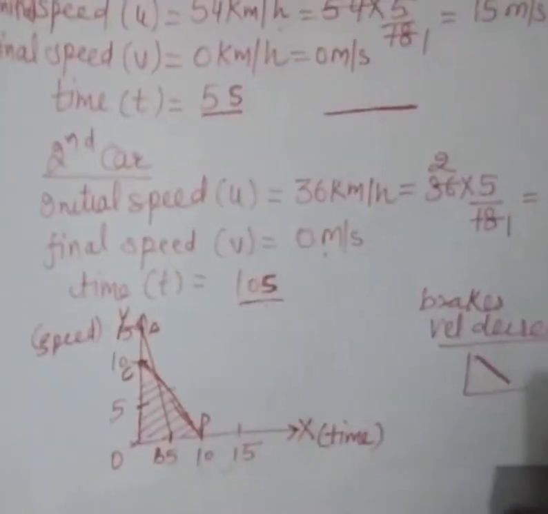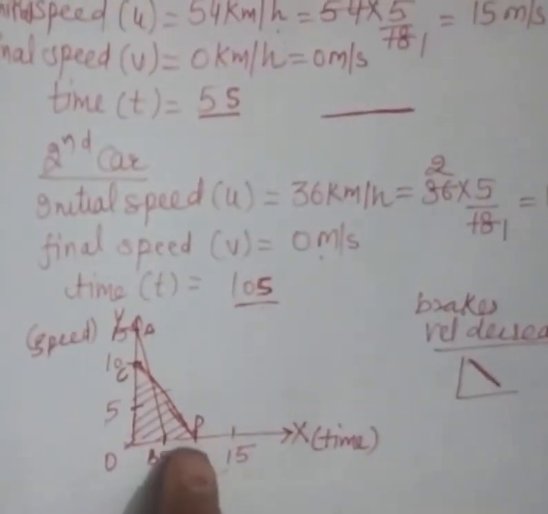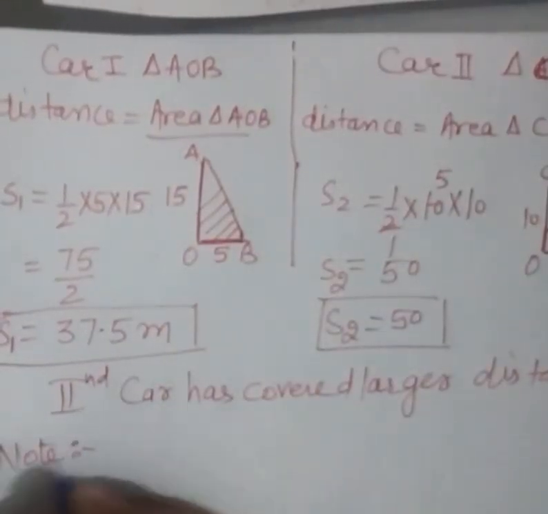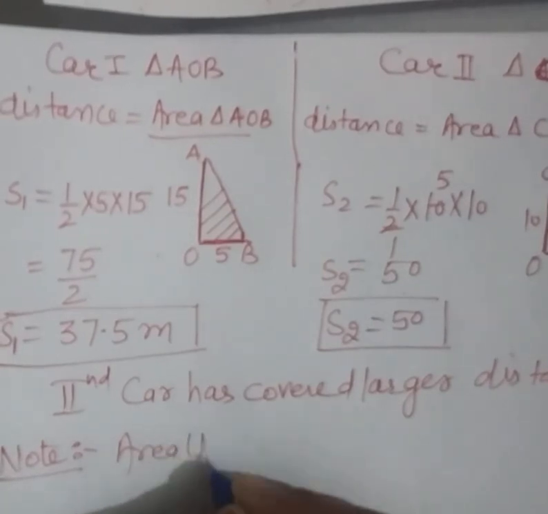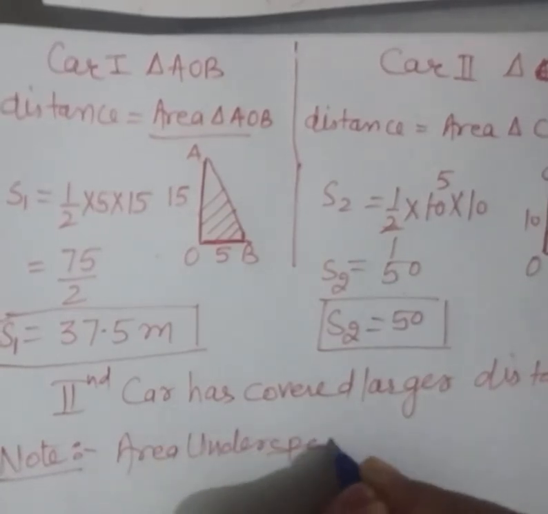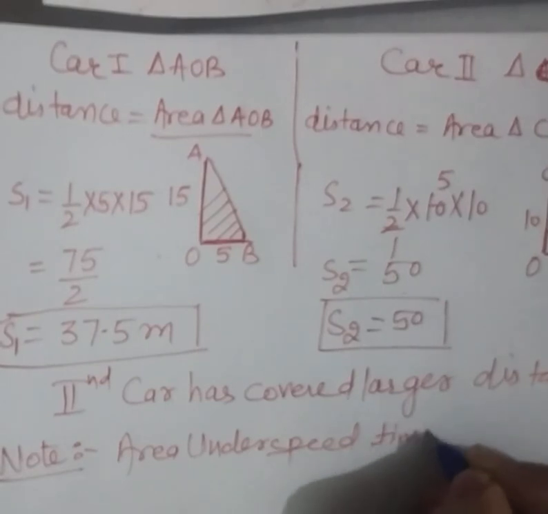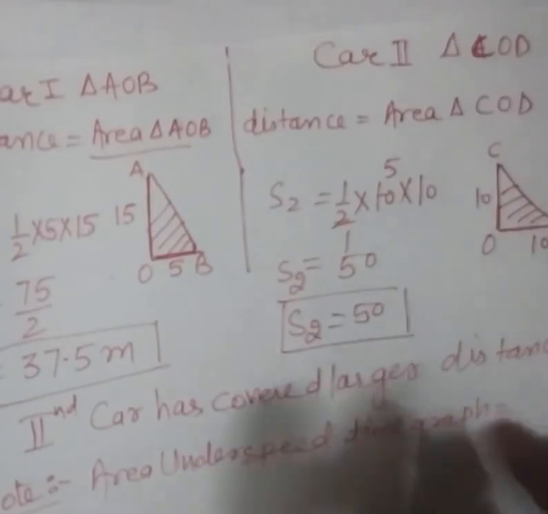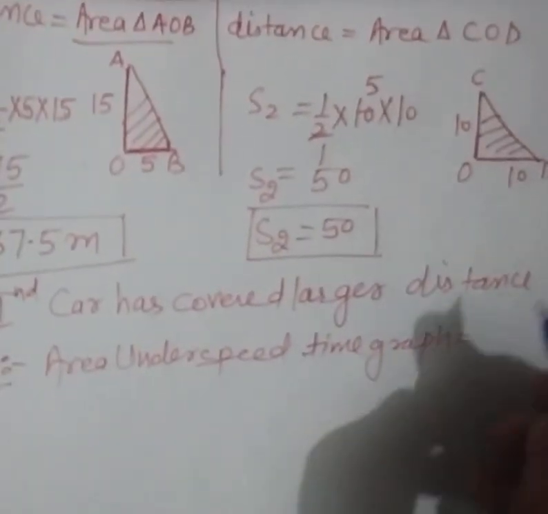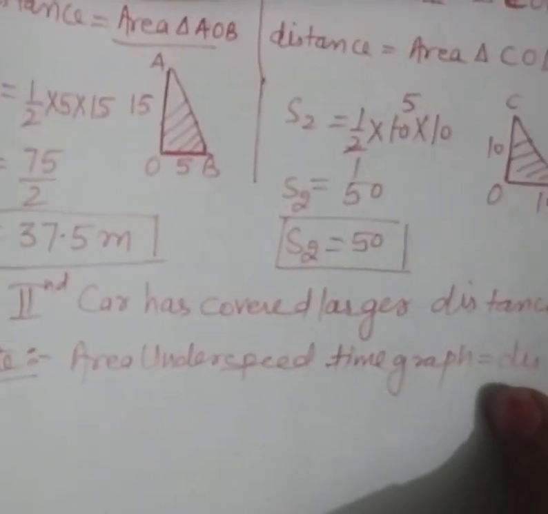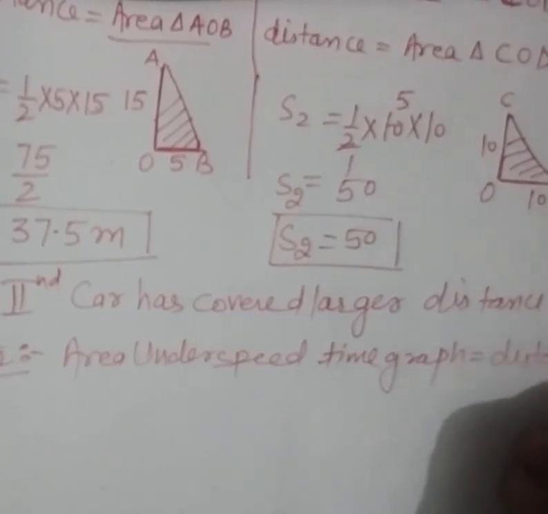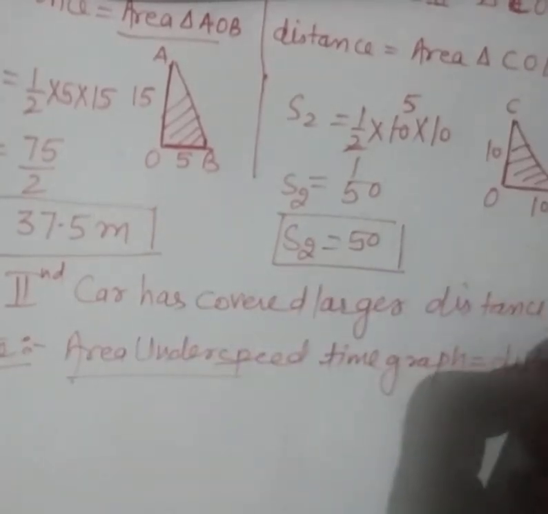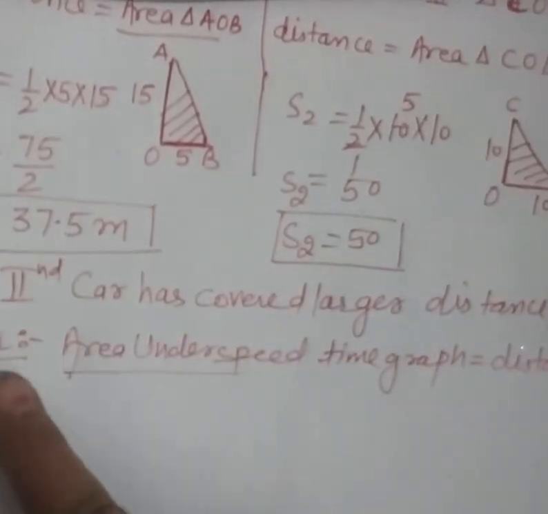You need knowledge regarding graph plotting, and second, you must mention that area under the speed time graph is equal to distance. It means area under the speed time graph provides us distance. So which car? Second car. It is our answer, and it is the note regarding the same numerical.